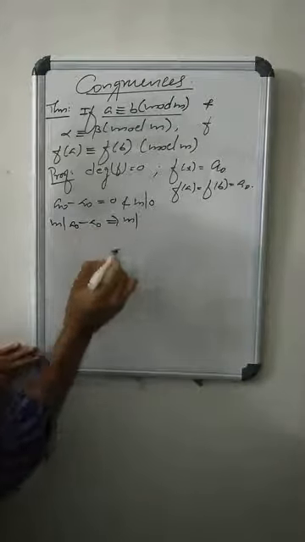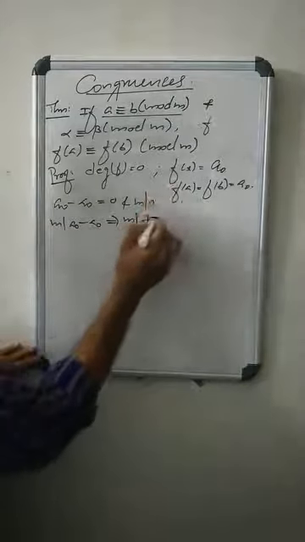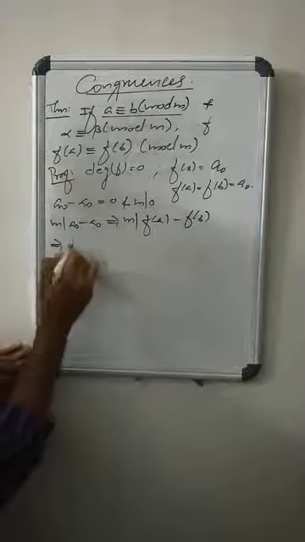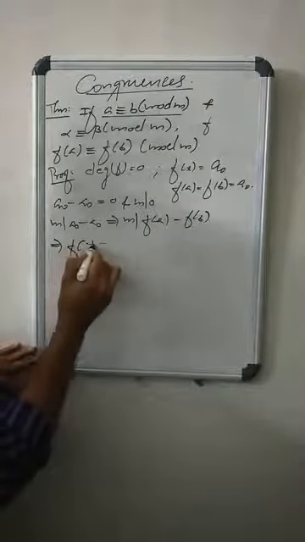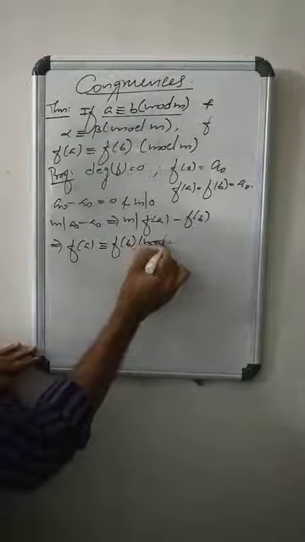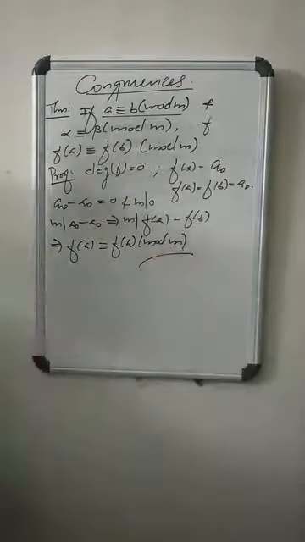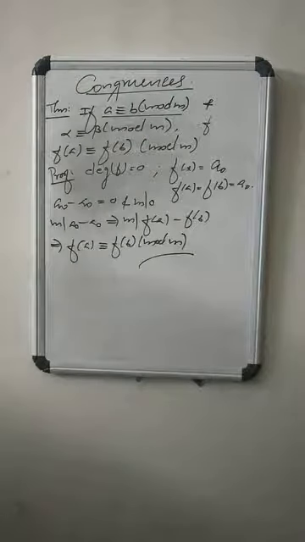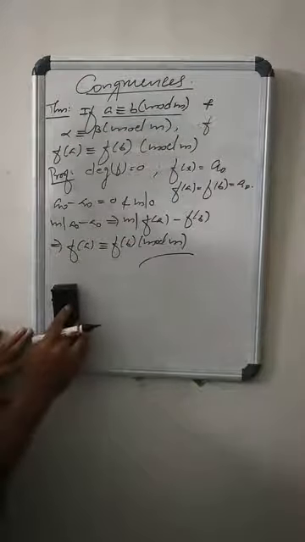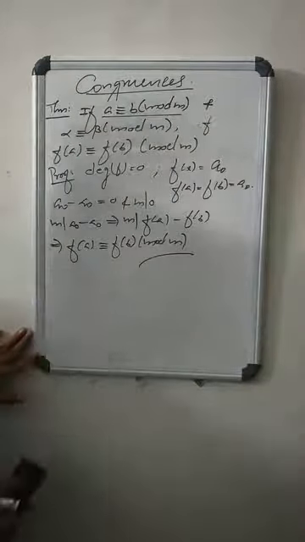That means m divides f of a minus f of b, so f of a is congruent to f of b mod m. So when degree of f is 0, f is a constant polynomial, then when a is congruent to b mod m, we have f of a congruent to f of b mod m. Okay.